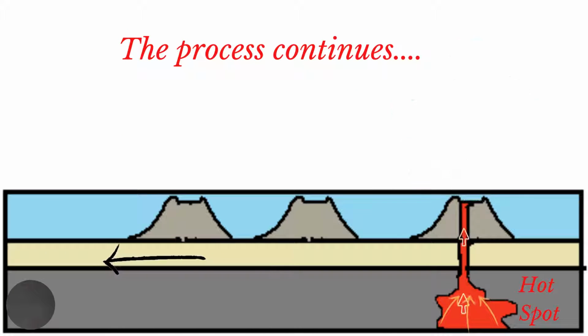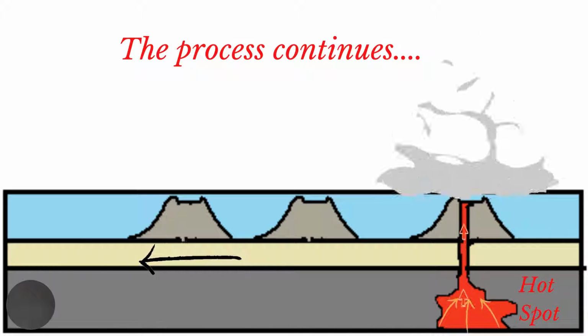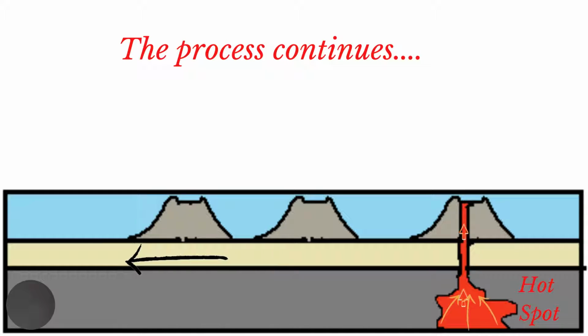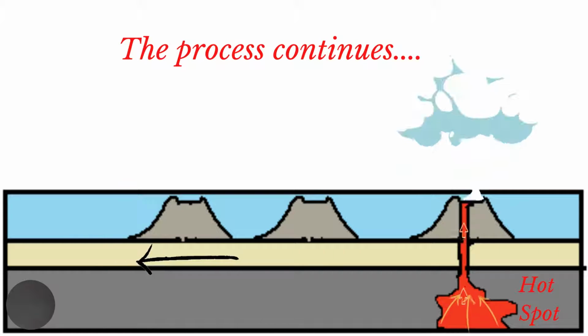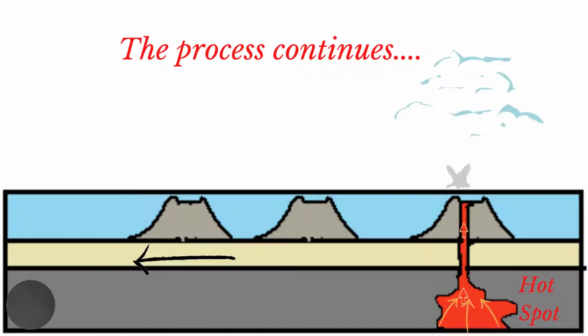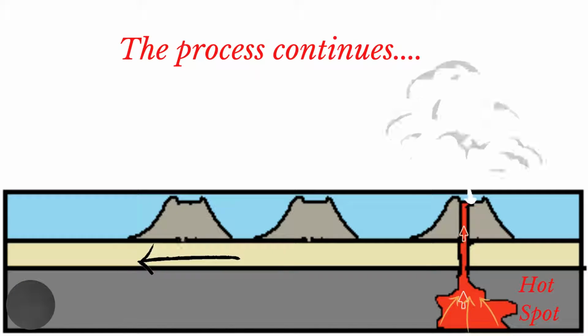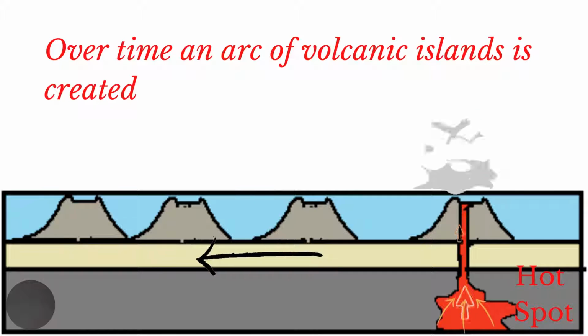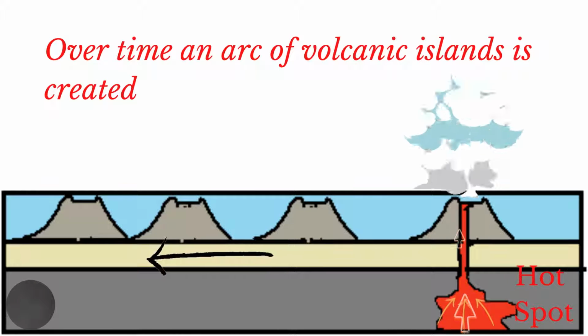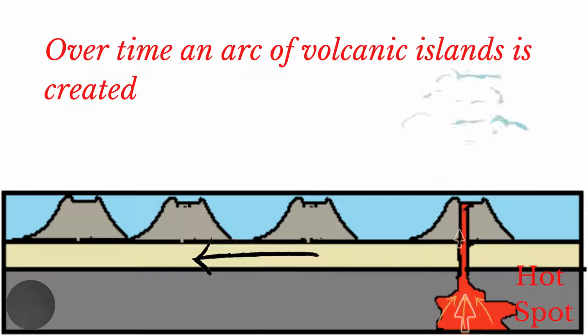As the plate continues to move, the volcano will now move away and a new volcano will be formed over the hotspot, which is fixed in position. And therefore, over time, a volcanic island arc is created.